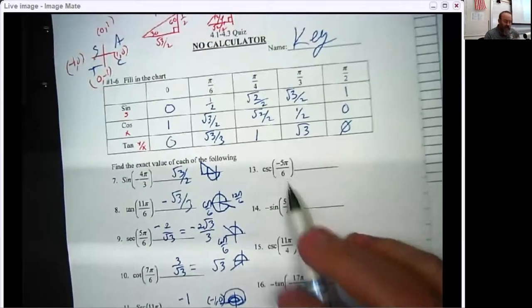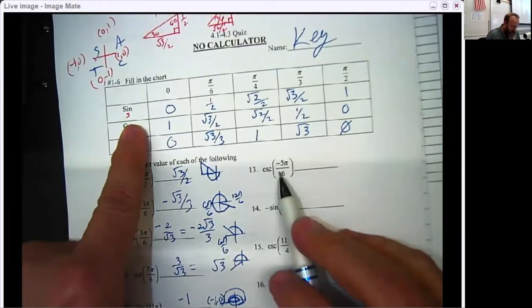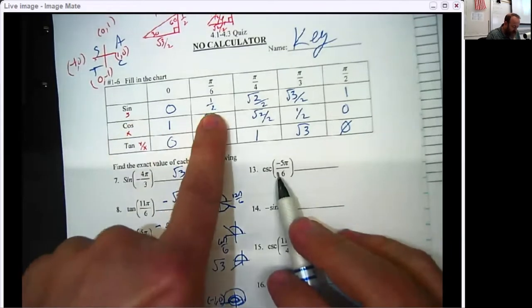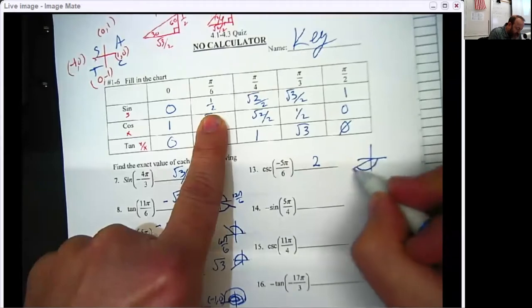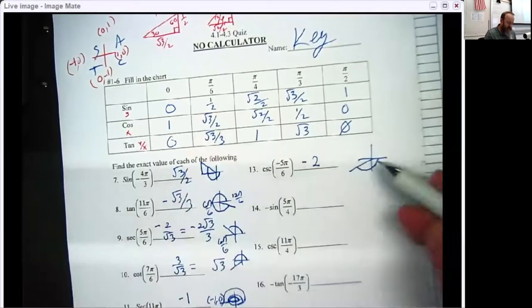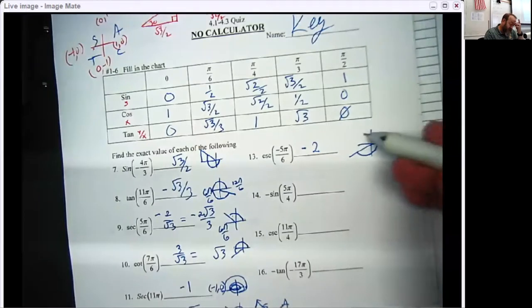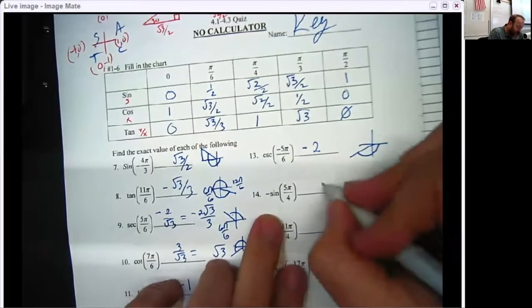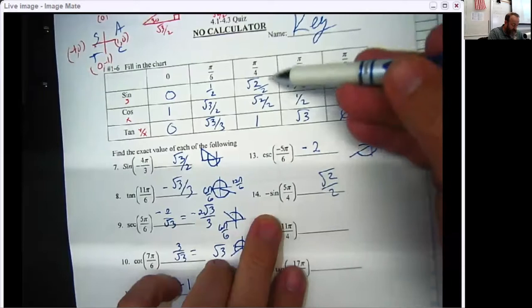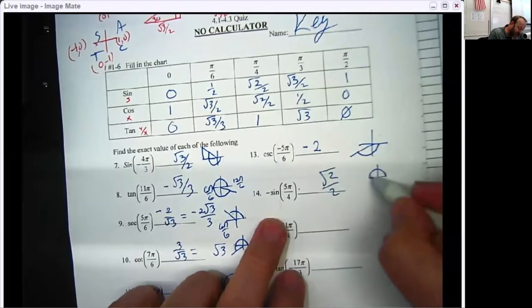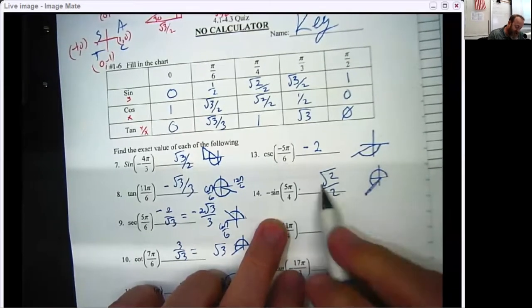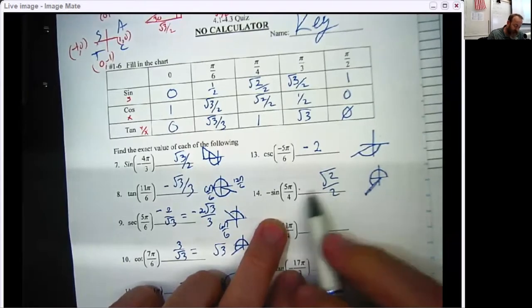Okay, now let's keep going here. Remember a cosecant is a reciprocal of a sine. So if the sine was a half, then the cosecant would be 2. And so if I rotate down 5, not quite 6 pi over 6, it's going to be negative because, again, the sine is only positive in the top 2. Again, the sine of any kind of pi over 4 is root 2 over 2. That's where I messed up down here. And so if I rotated to 5 pi over 4, right down here, this should be a negative, but there's a negative here.